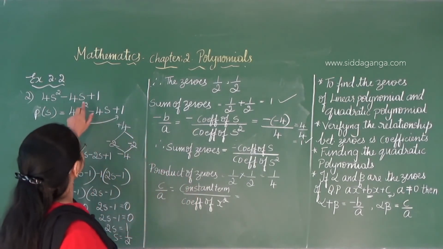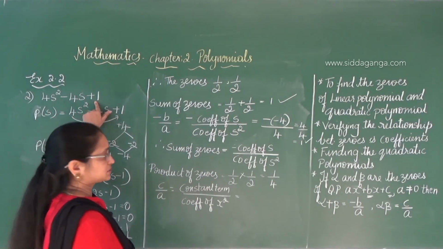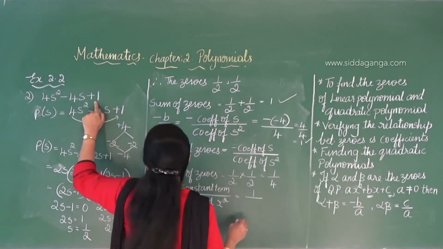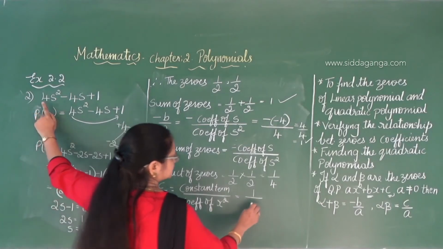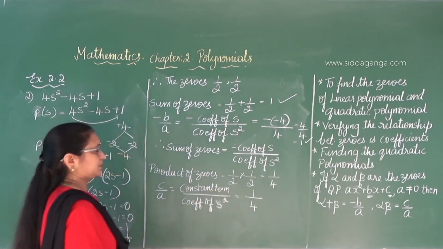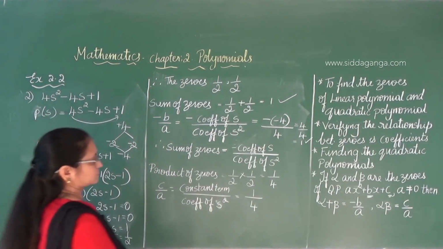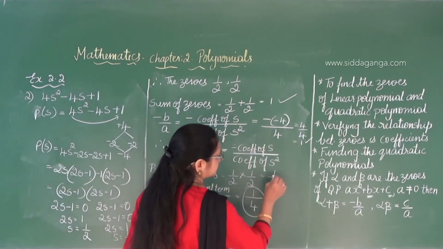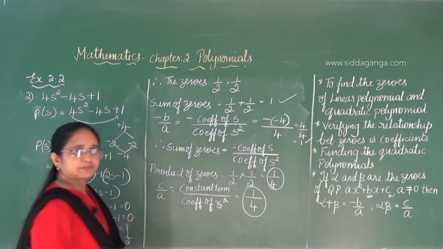So, the constant term here is 1, divided by coefficient of x square, sorry, here we have to write s square only. So here 4. Just see, 1 by 4, 1 by 4.